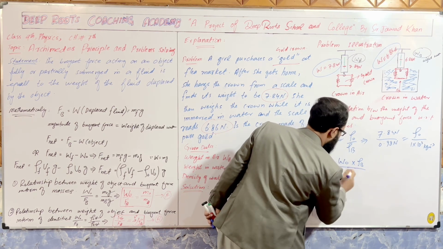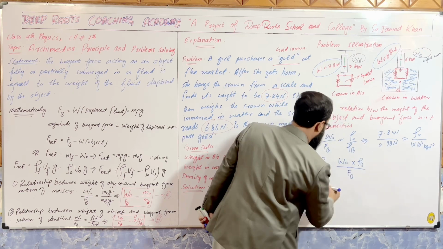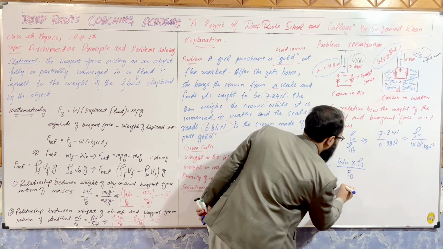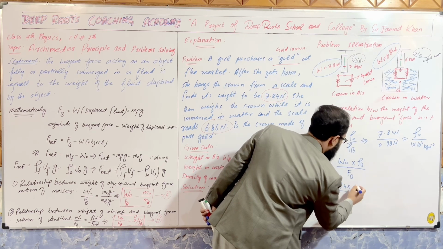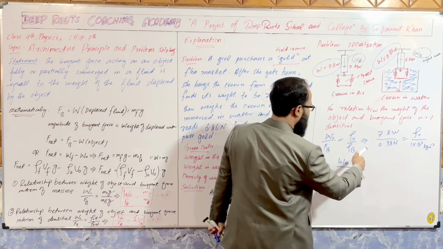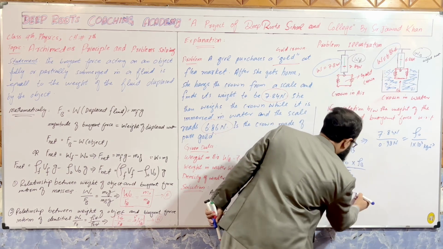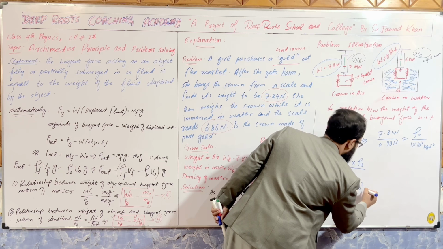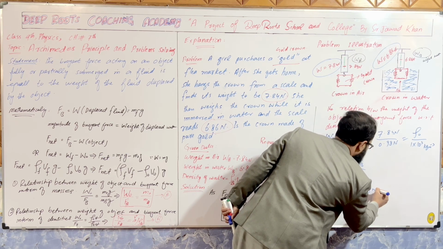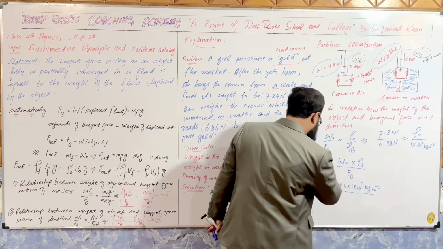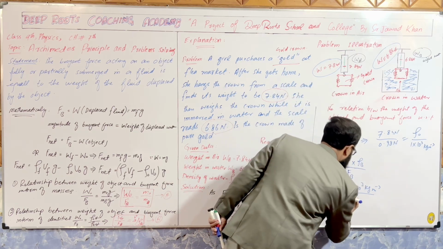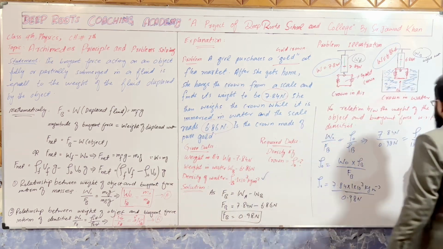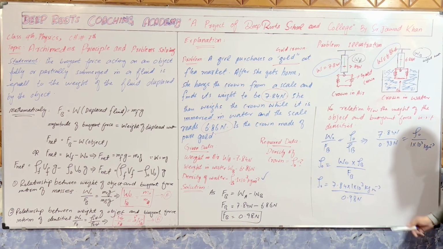Now by putting these values, again the same thing: W_O is 7.84 multiplied by rho of the liquid, the water, which is 1 multiplied by 10 raised to power 3 kg per meter cube, and the buoyant force is 0.98 Newton.